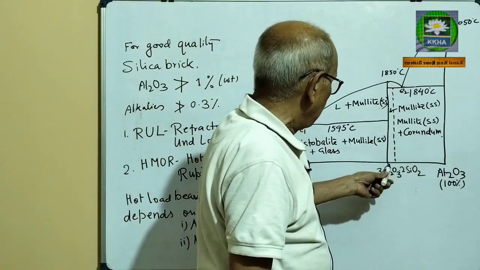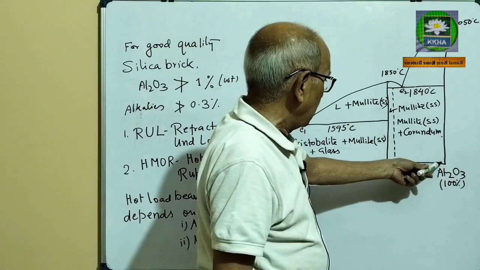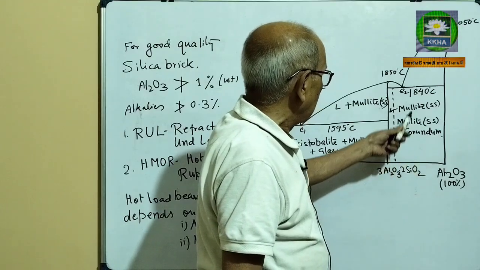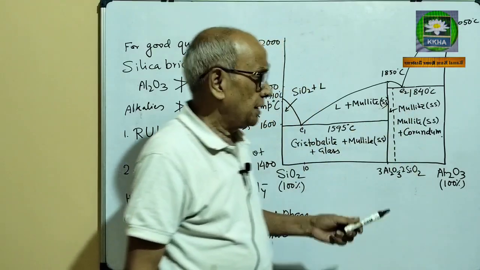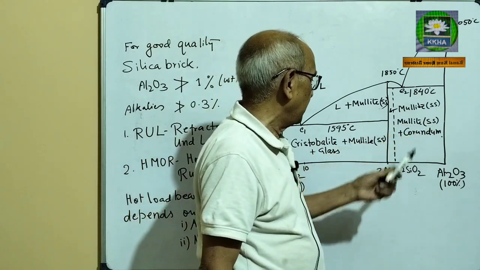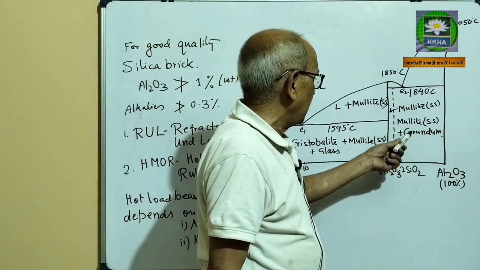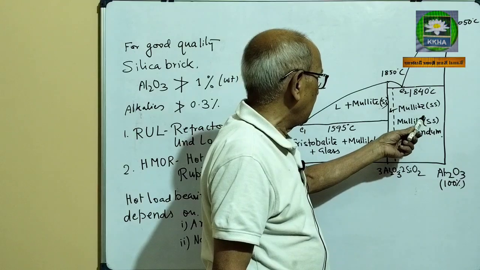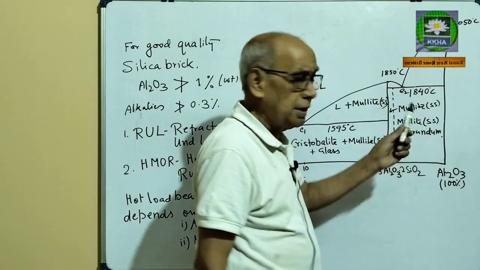Here, from mullite to alumina up to 1840 degrees Celsius, we have completely solid mullite solid solution and corundum. So it will have very high refractoriness and hot load bearing capacity.